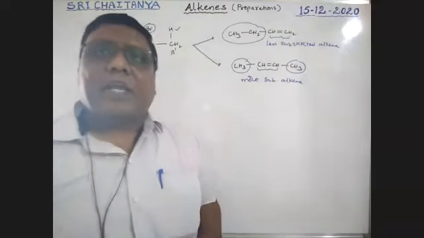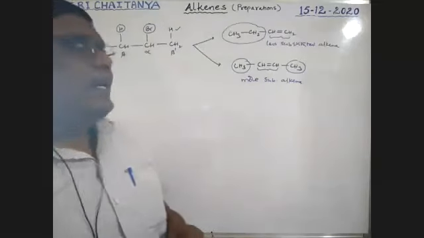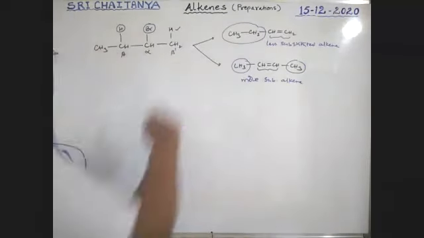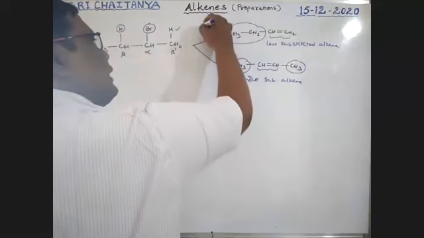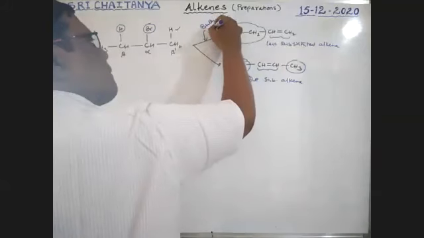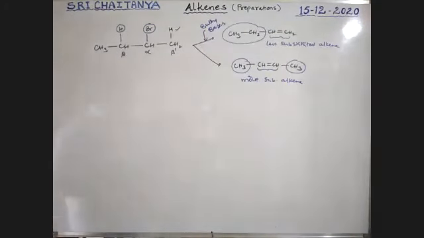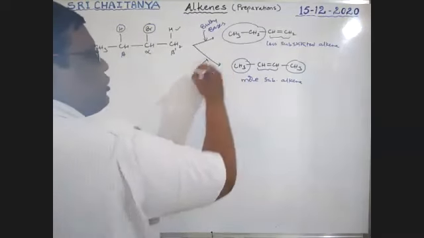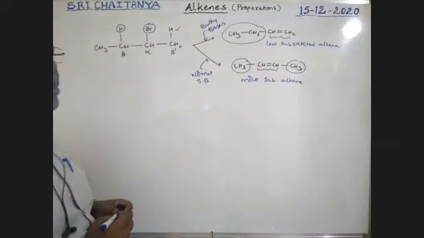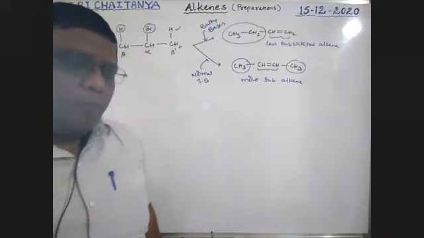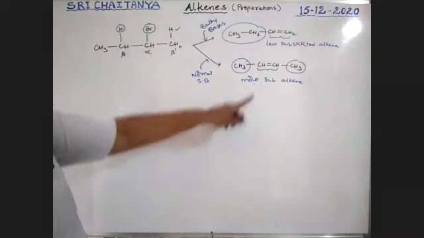If bulky bases are there, strong but bulky, then the lesser substituted alkene is the major product. If a normal strong base is used, the more substituted alkene is the final product.